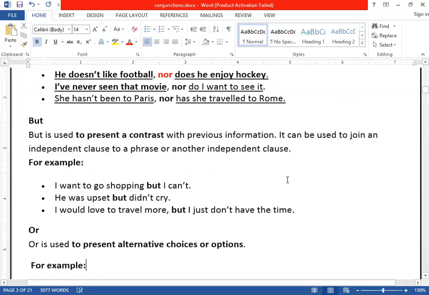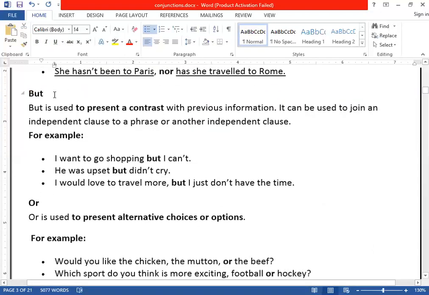The next coordinating conjunction we have is called but. But is used to present a contrast. Whenever you want to show contrast with the previous information you have provided in the first clause, then we use but.